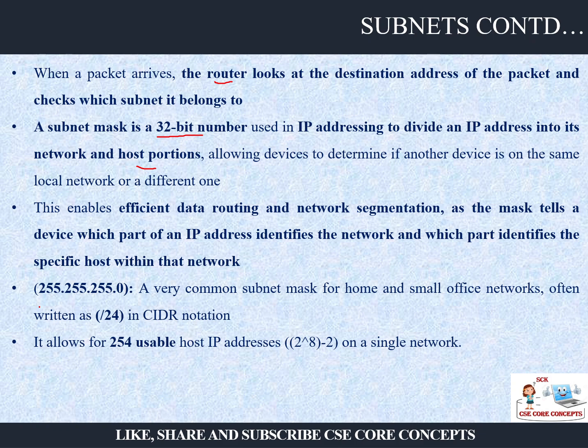Let us say this is an example of a very common subnet mask, which is written in /24 notation. It is in CIDR notation. Now if I have /24, let us come back. If I am saying /24 means what? 32 minus 24, that is 8.